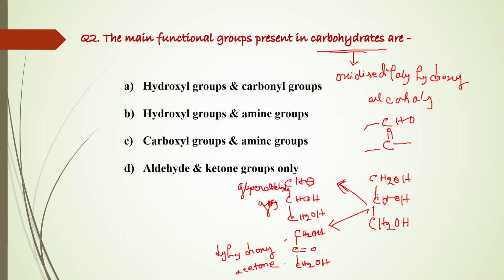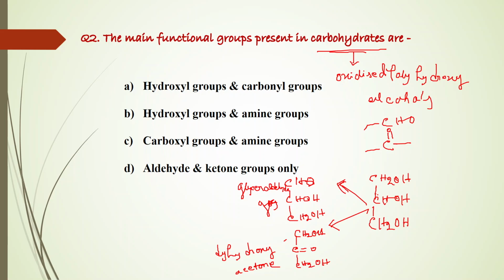In both the cases, what is common? These are the parent building blocks for carbohydrates. The main things common are the hydroxyl groups, as well as a CHO group, that is an aldehyde, meaning you have a carbonyl group here, and a ketone, meaning a carbonyl group here as well.